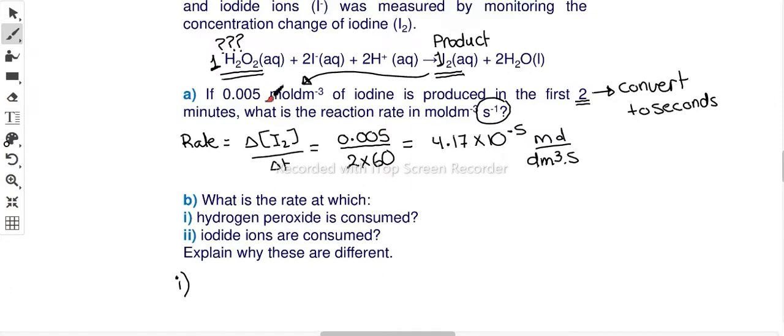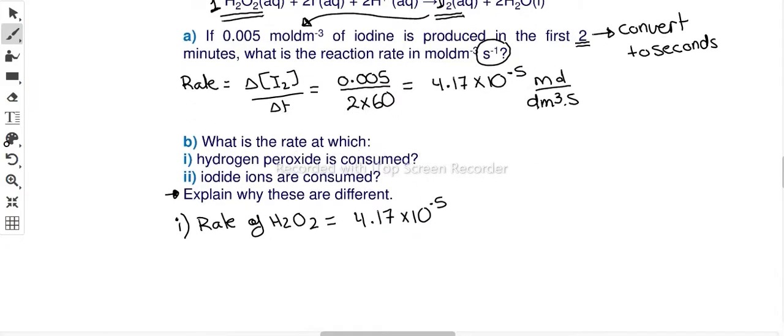So the rate of the hydrogen peroxide consumed will be the same as the rate of the production of iodine. So for I2, the rate of H2O2 will be the same as 4.17 times 10 to the power of negative 5. Now the question is telling me also to explain. So I will refer to the coefficient as a mole ratio.